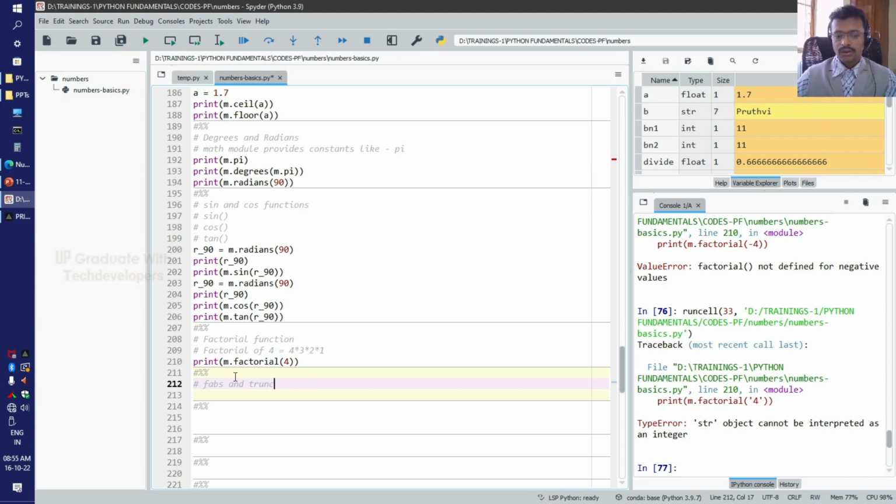This absolute function will remove the negative sign if any and return only the absolute float value. So obviously absolute means return only the positive value by removing the negative sign, if any, in the number. Let us see how to work with this.